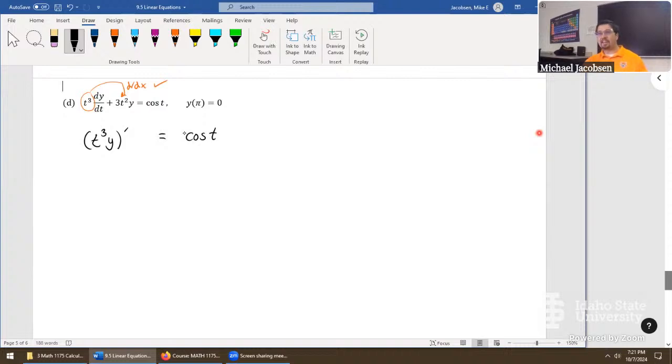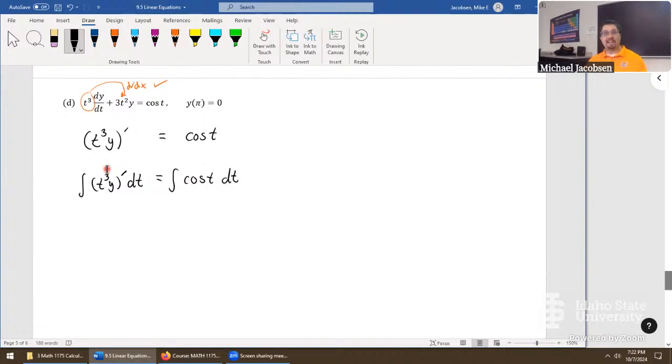So let's maybe take an additional step so we're not doing so much in one step. On the next line, integrate t cubed y prime. This is going to be with respect to t, so dt on the right. Integrate cosine t with respect to t, so dt on the right as well. I forgot my prime on this one. We need that prime to get a fast antiderivative, or we're just going to be stuck on that all night.